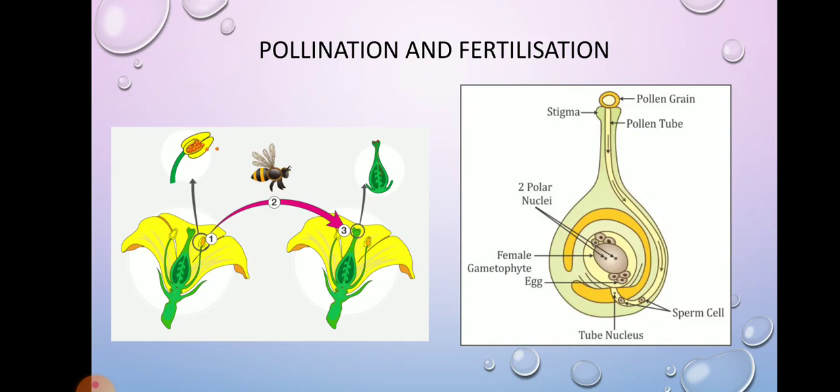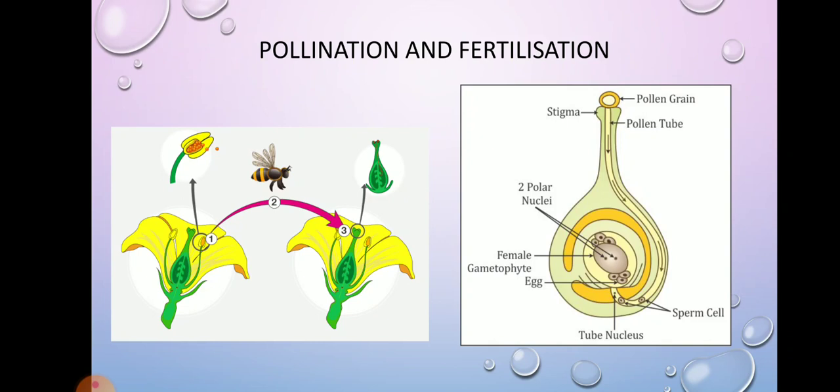Now here in the second diagram you can see when the pollen grains fall on the stigma, a pollen tube is generated from the top portion which grows towards the ovary. Now this pollen grain transfers from the stigma to the ovary.